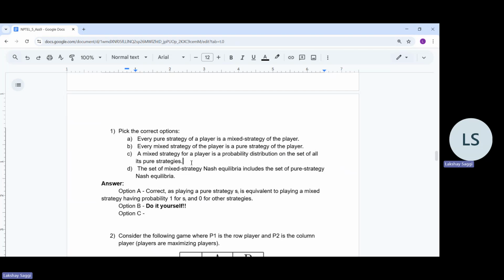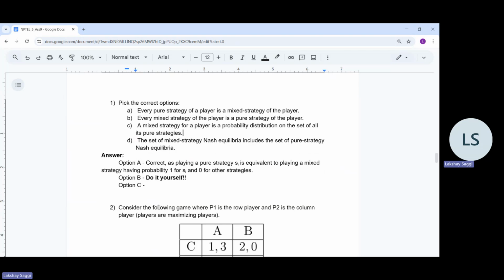As we had discussed, this is what a mixed strategy is: consider the set of all pure strategies and choose one pure strategy at random according to a probability distribution. So this is actually correct from the definition of mixed strategy. Right.